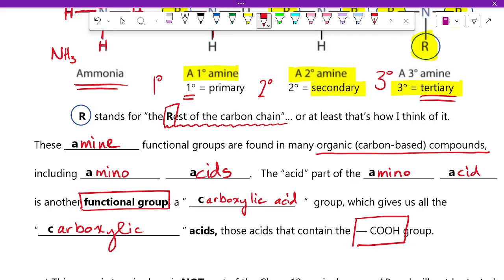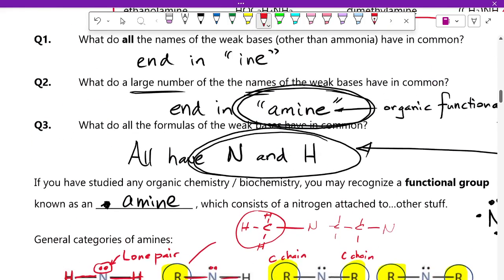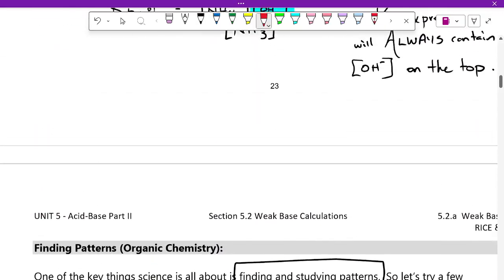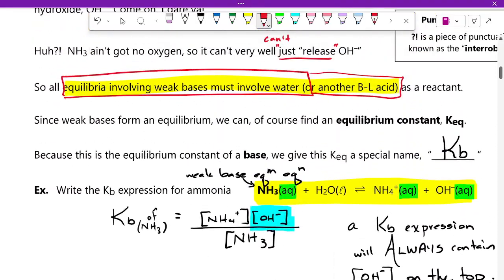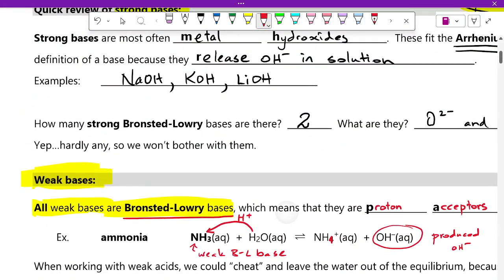Why are they called functional groups? Because they tend to all function in the same way. When you have COOH, it behaves as an acid. When you have an amine, it acts as a base.